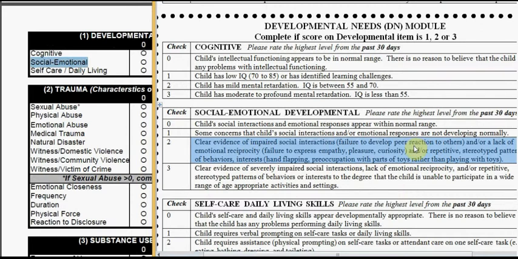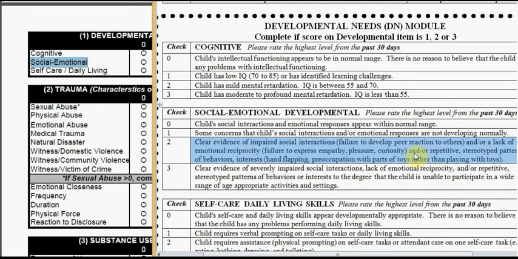The child fails to develop reaction to peers, or lacks emotional reciprocity, doesn't express empathy, does not express pleasure when in the company of peers, doesn't express curiosity for other people, or the child may be expressing repetitive or stereotype patterns of behaviors or interests.